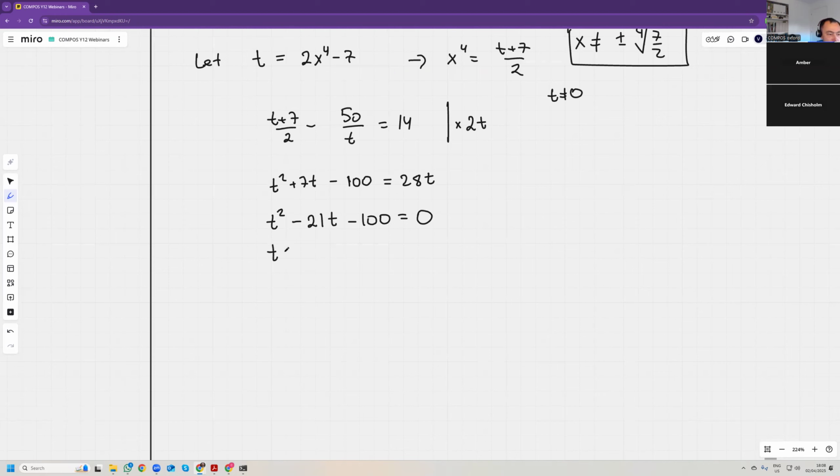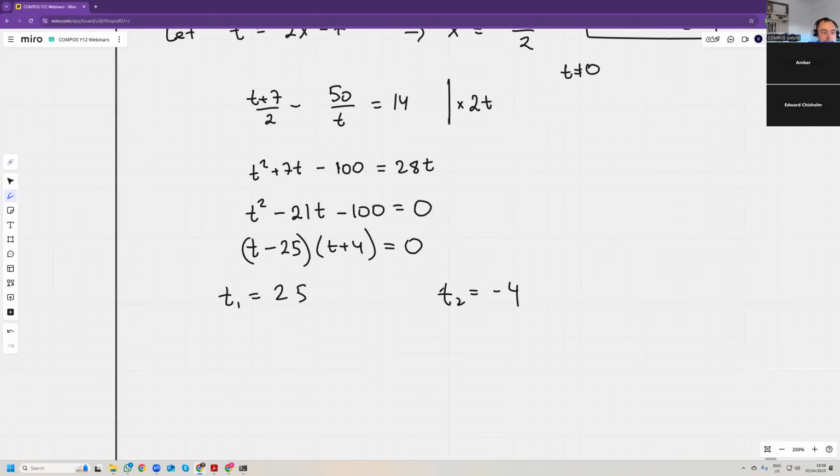So (t minus 25)(t plus 4) equals 0. So t1 is 25 and t2 is negative 4.